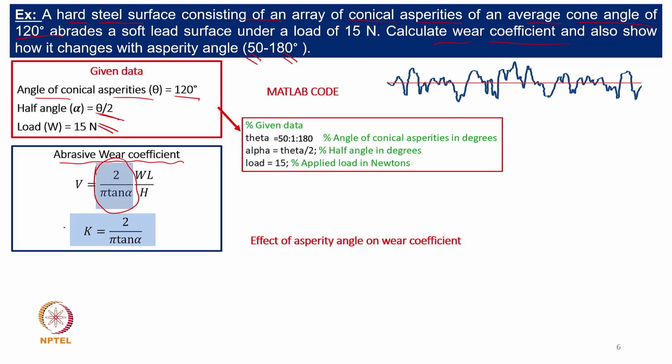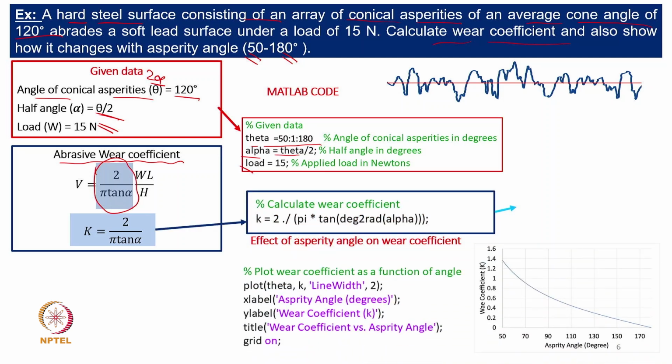Now if I write a MATLAB code, we represent theta from 50 to 180 degrees with an increment of 1, so that we can plot and get the results. Alpha will be half of theta, so instead of 2 alpha we write theta to distinguish it, and then alpha is theta by 2. Load has been given in this case. This is a simple MATLAB code.